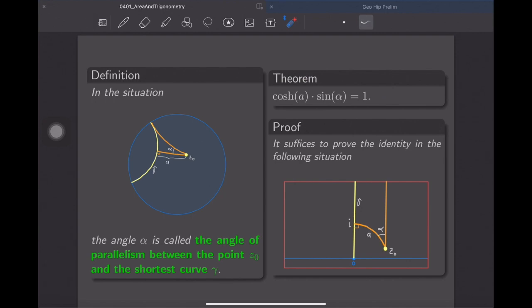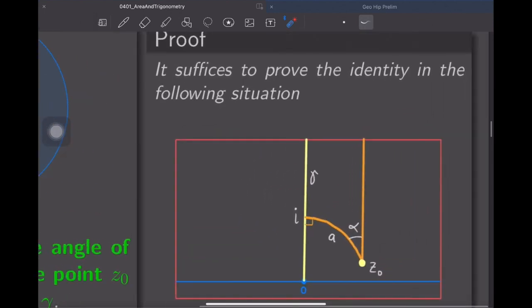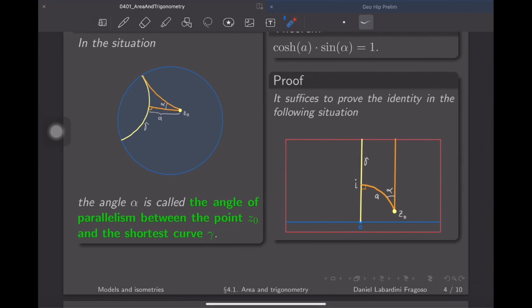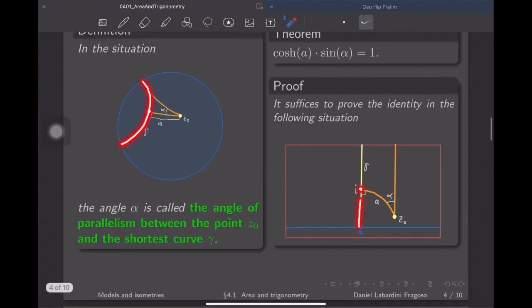Now what I'm going to do is prove the theorem in a specific situation in another model, the upper half plane. So this point I send to i, and this shortest curve I send to the positive part of the imaginary axis.